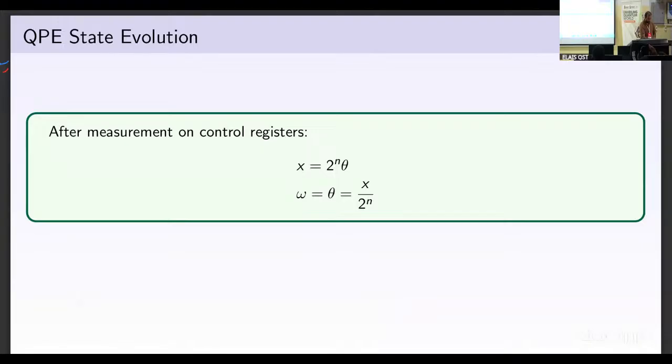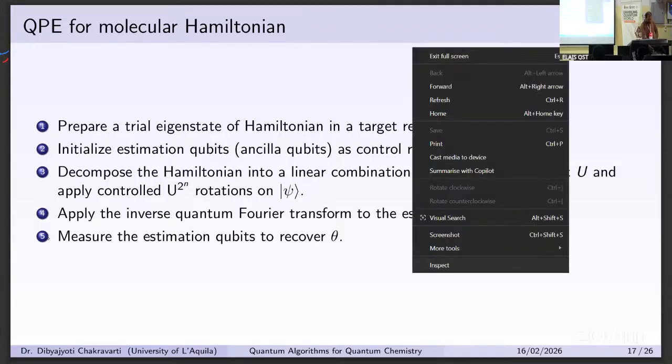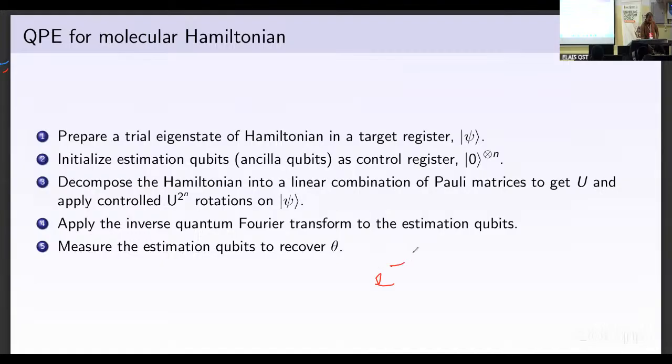So this whole process, what does it mean when we try to solve a quantum chemistry problem? For a molecular Hamiltonian, the unitary operator U is built from the Hamiltonian. The Hamiltonian can always be written as a unitary operator, such as exponential of minus iHt.